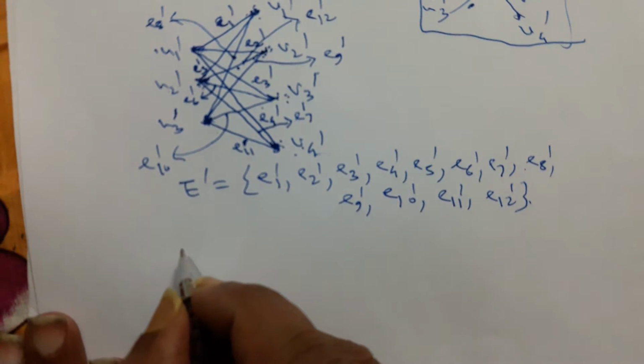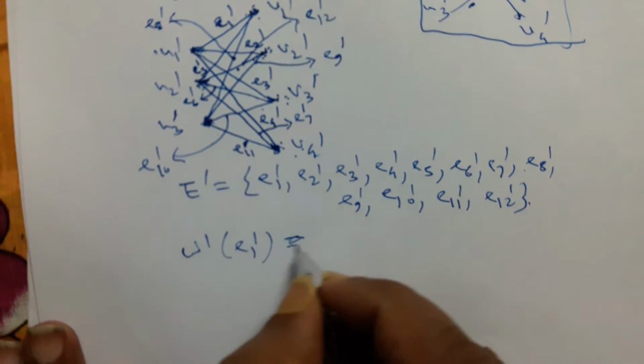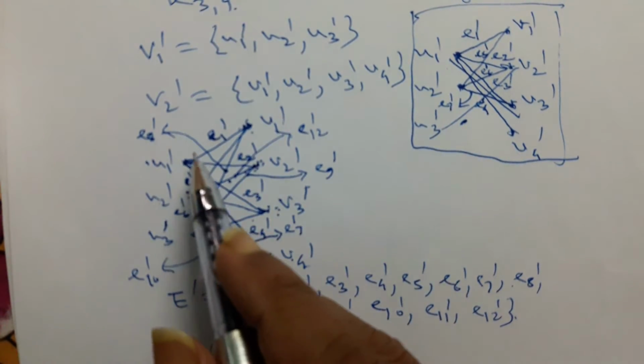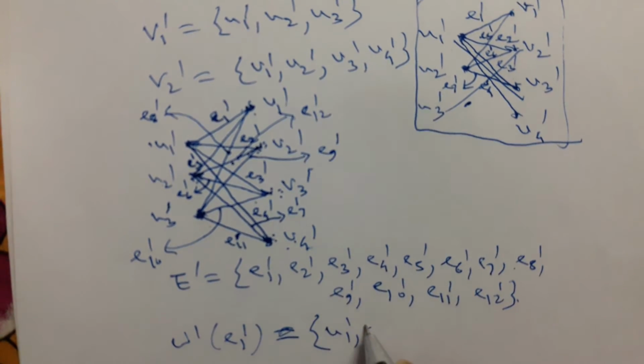But here if we write the notation, if omega dash is the incident function, omega dash of e1 dash, we write the name to get a clear idea. That's incident with the pair of vertices u1 dash, v1 dash.